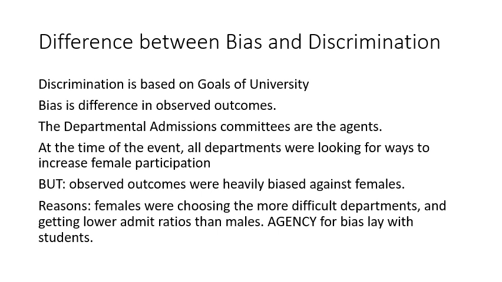So if you look at the departmental admissions processes and you discover that all of them are trying to favor females, then you know that there is no discrimination. If you see that the result nonetheless is overall bias against females, this is not the result of discrimination, but it is a result of some other factor. In particular, the factor that Bickel identified was that females choose the harder departments to get into.